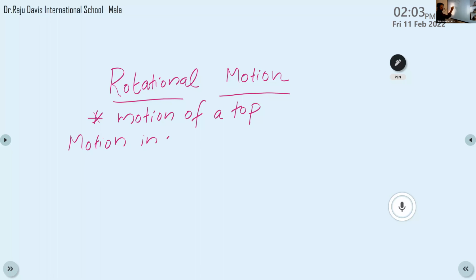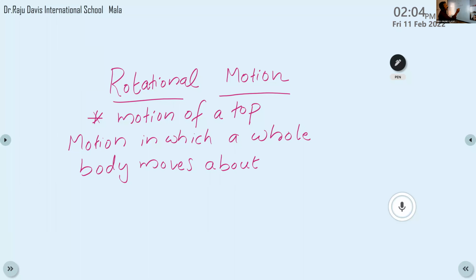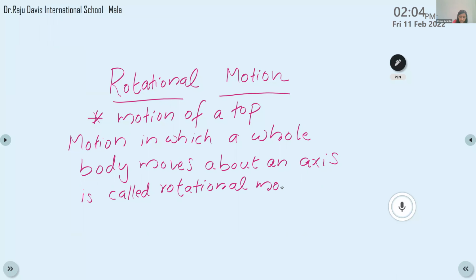We can say the Earth's rotation. A whole body moves about an axis is called rotational motion.